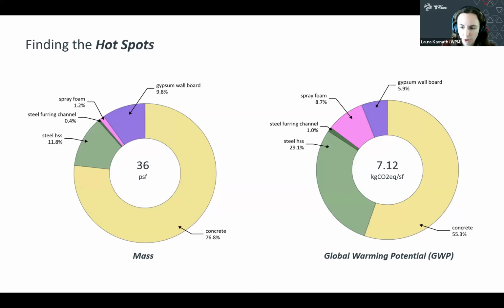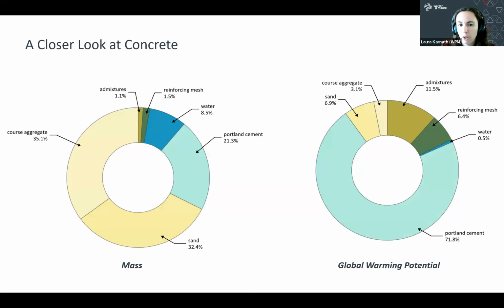We're going to start with the concrete because that's responsible for the largest overall amount of GWP. And when we look closer into concrete and we look at what's in the concrete by mass versus by global warming potential, we know that the number one thing driving the global warming potential of concrete is Portland cement. So anything we can do to modify the concrete mix design so that it uses less cement is going to help us on our GWP.